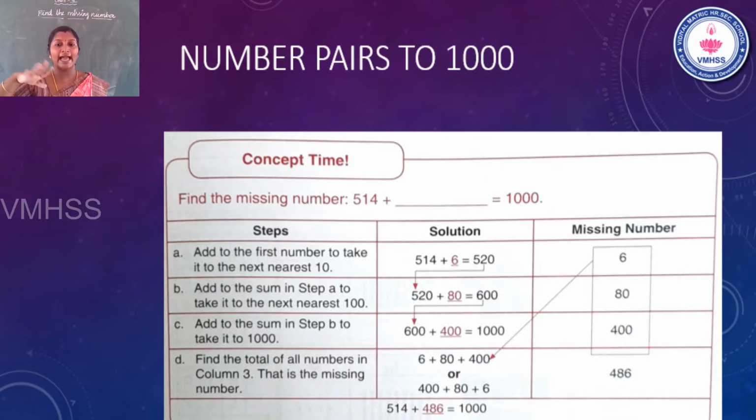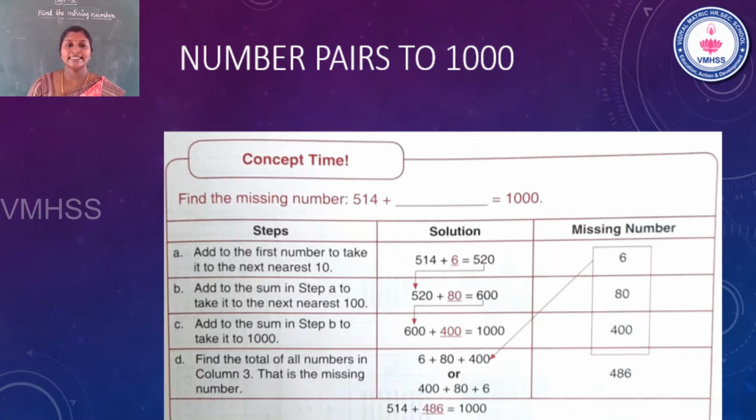Third one, add to the sum in step 2 to take it to 1000. So find the total of all numbers in column 3. So that is the missing number.